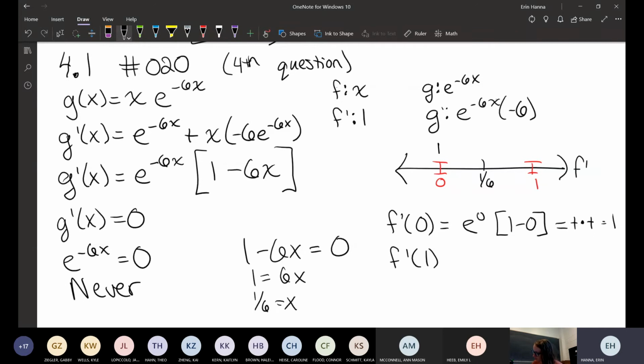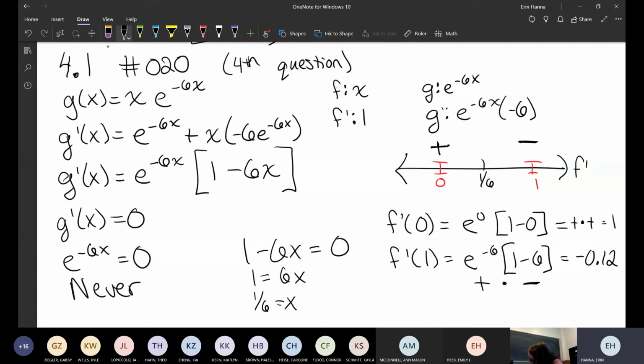So that's going to be a positive. And then we'll get e to the negative 6 times 1 minus 6. So we'll get a positive times a negative, so a negative, about negative 0.12. So we get a negative there.